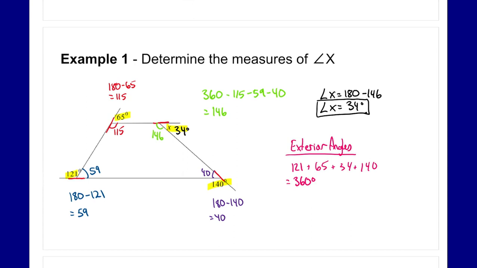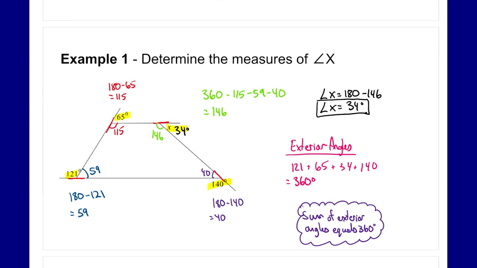So similar to the triangle that we looked at before, the sum of exterior angles equals 360 degrees. And you're going to find that this property is true for every type of polygon.